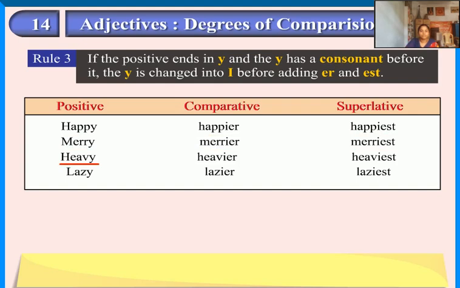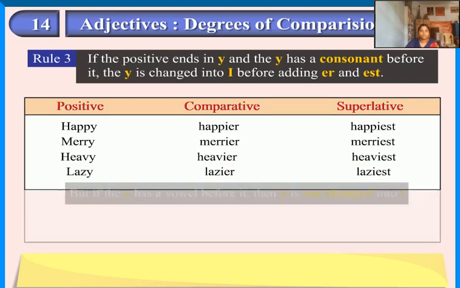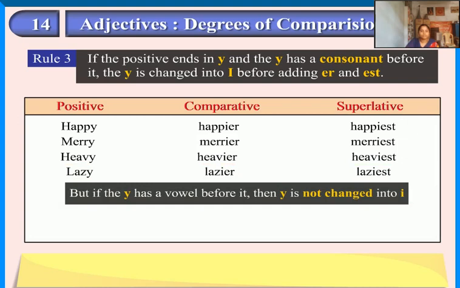Heavy, heavier, heaviest. Lazy, lazier, laziest. But if the Y has a vowel before it, then Y is not changed into I. Gay, gayer, gayest. Grey, greyer, greyest.